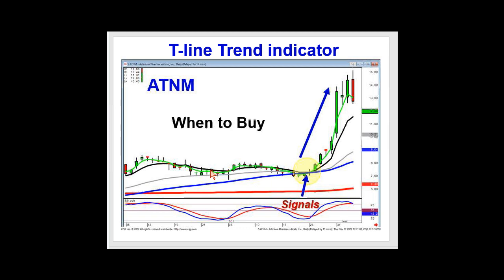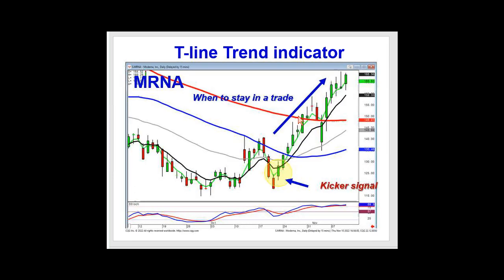So this is a good example of using the T-line, when to buy and when to sell, just based upon some very easy observations about where the T-line is compared to trading. It also keeps you from getting out of a position.